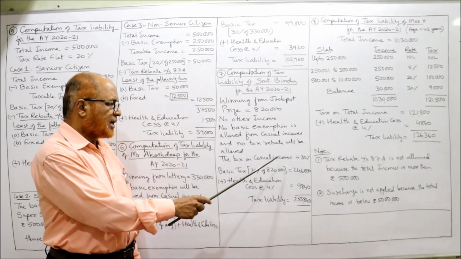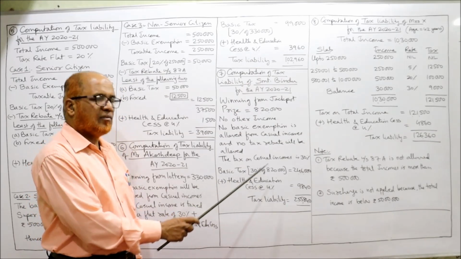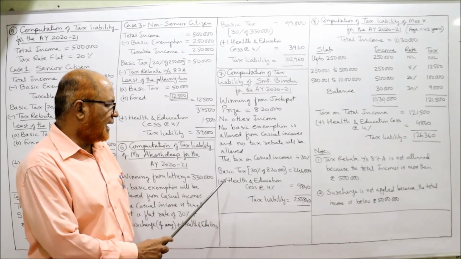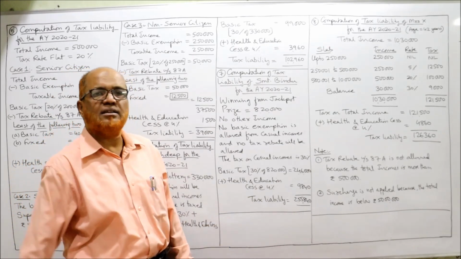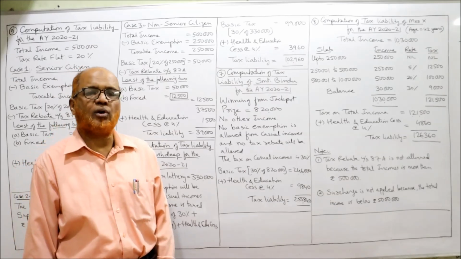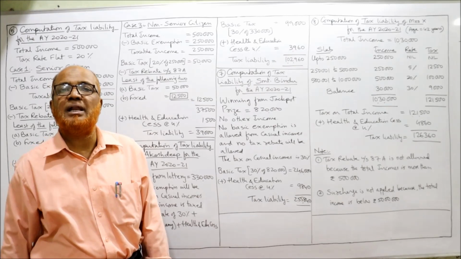So casual income is taxed at 30%. Basic tax 30% of 8,20,000 comes to 2,46,000. And health and education cess 4% is 9,840. Total 2,55,840 is the tax liability. So these two problems are very much similar.